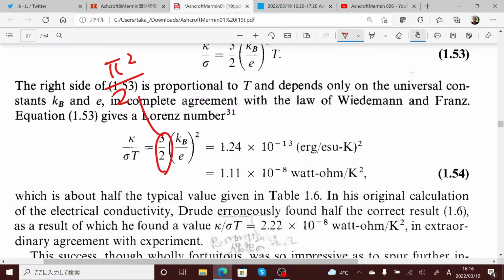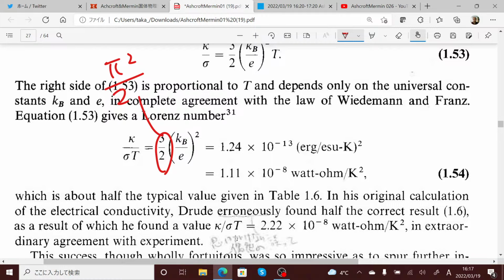And this says equation 153 gives a Lorentz number of 1.11, which is about half the typical value given in table 1.6.